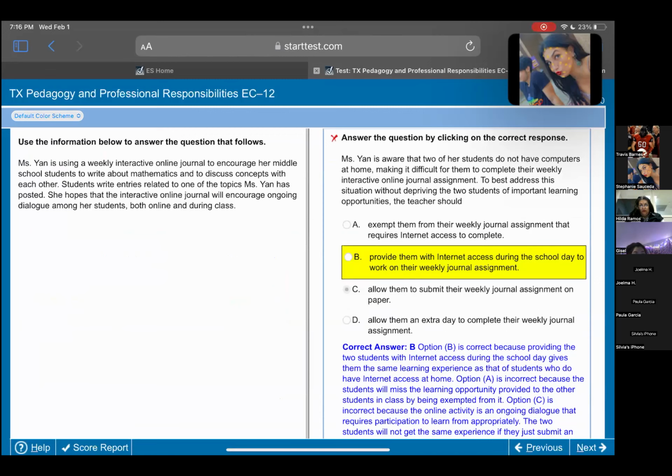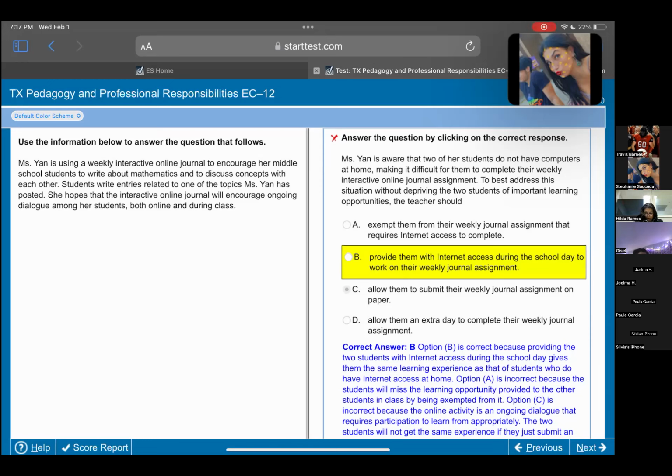Okay, so Miss Yan is using a weekly interactive online journal to encourage her middle school students to write about mathematics and to discuss concepts with each other. Students write entries related to one of the topics Miss Yan has posted. She hopes that the interactive online journal will encourage online dialogue among her students, both online and during class. So just to recap with the scenario.